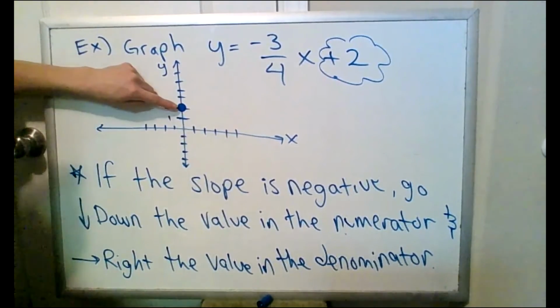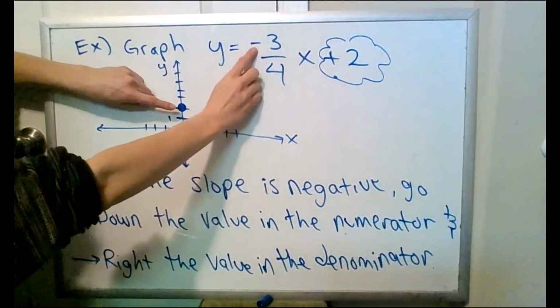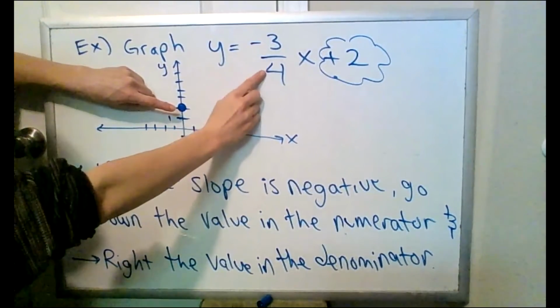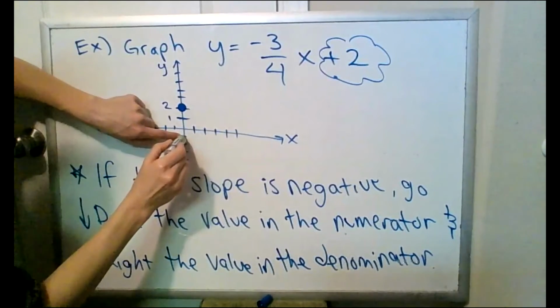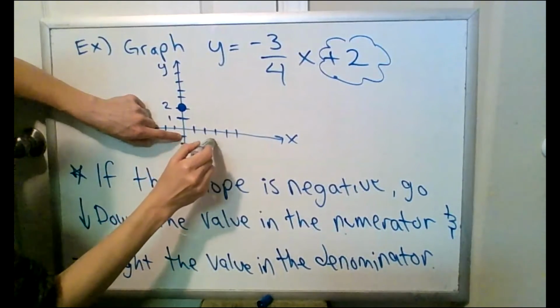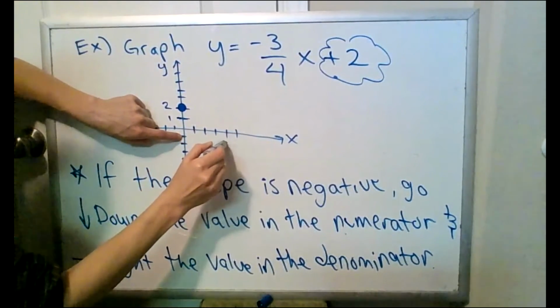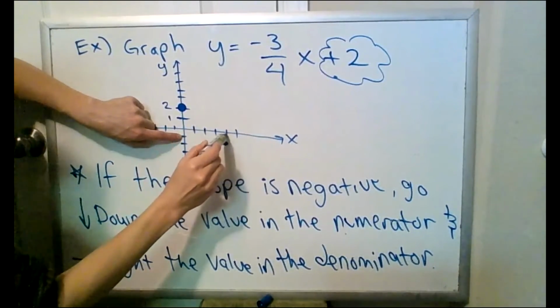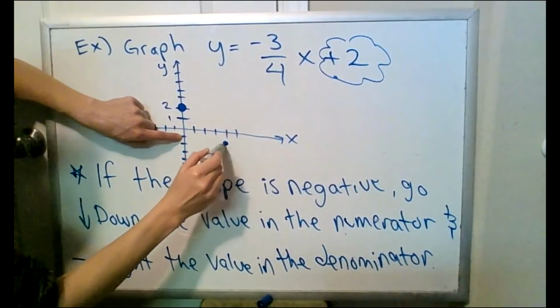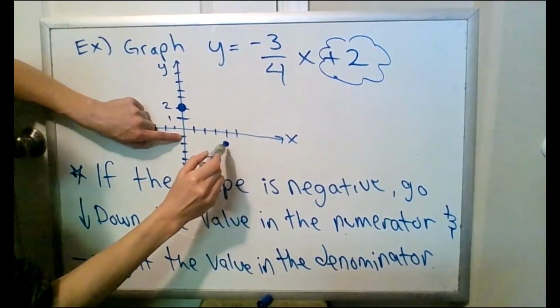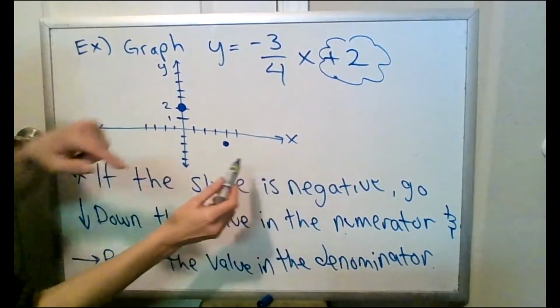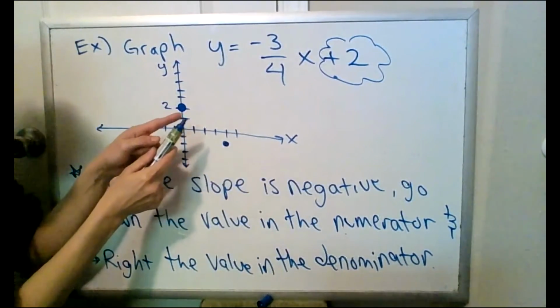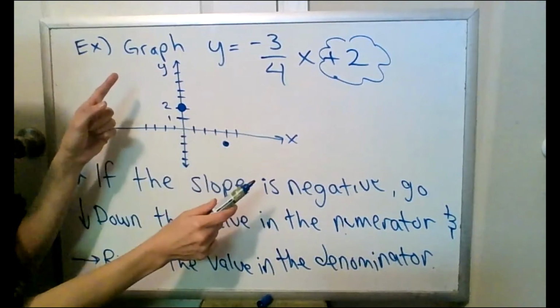Okay, from here, we have a negative slope, so down 3, right 4. 1, 2, 3, over 1, 2, 3, 4. That point would be (4, -1). We could do this again. You'd go down 3 more and then over 4 again to the right. But I just need 2 dots and then connect them with a straight line, and that's the graph that I'm looking for.